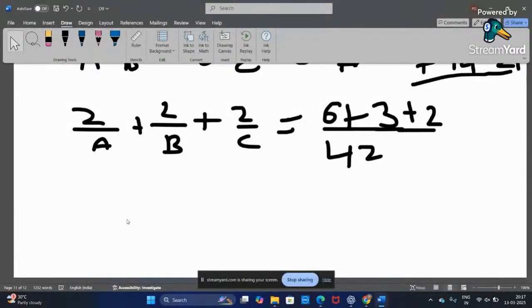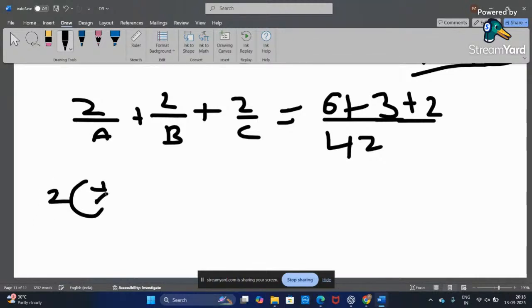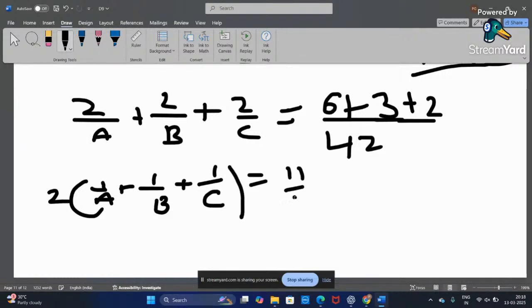How will you calculate this type of sums? We can remove the common factor, that is 2, from 1 by A, because we need the answer in the form of A plus B plus C. So we are doing these steps to get the form A plus B plus C. So here we'll get 11 by 42.